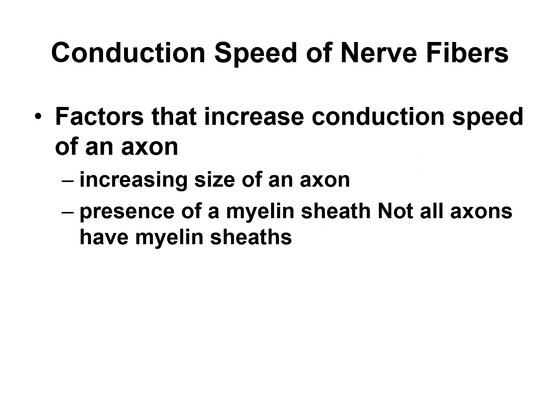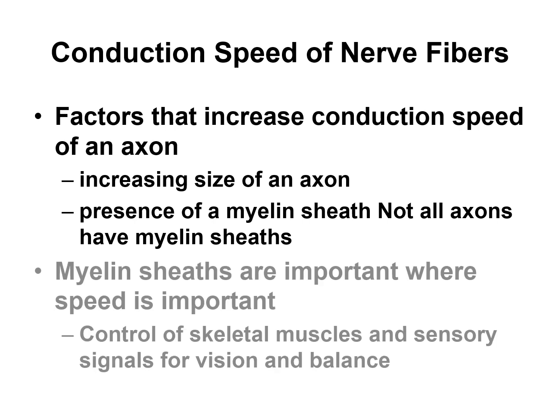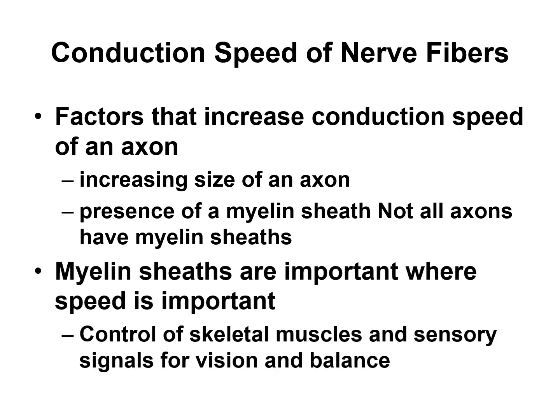And if a myelin sheath is present, it greatly increases the transmission of action potentials. Not all axons have myelin sheaths, but those nerve fibers where speed is very important, such as the control of your skeletal muscles and sensory signals for vision and balance, are myelinated.